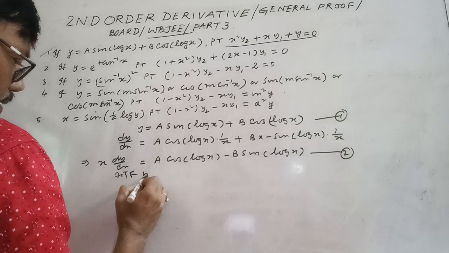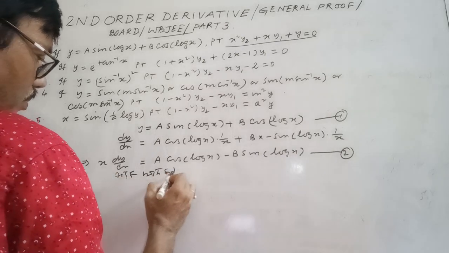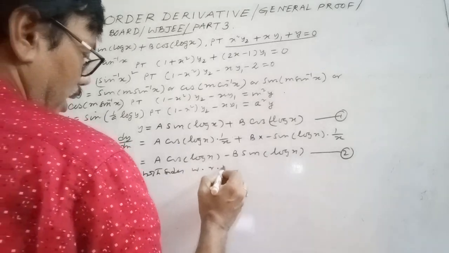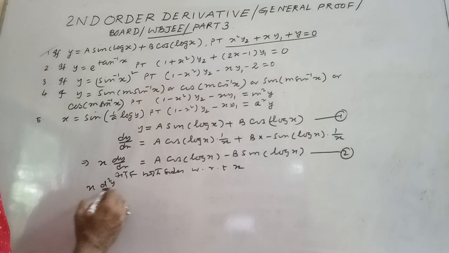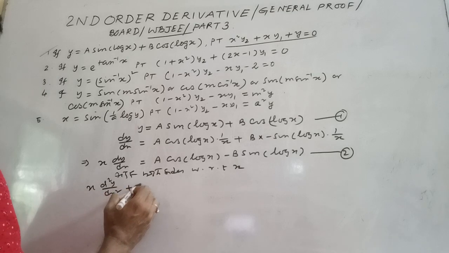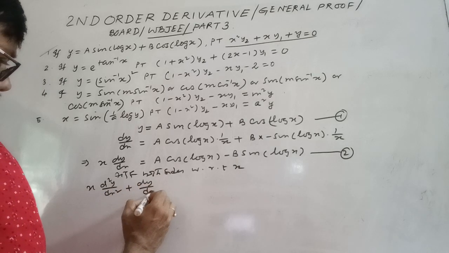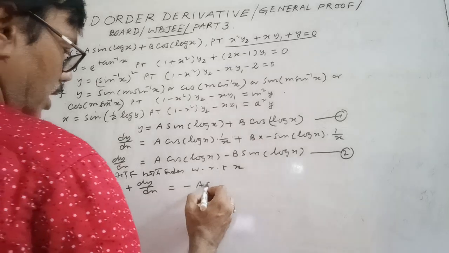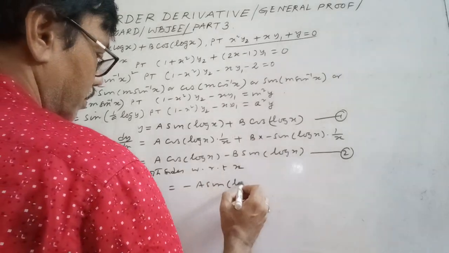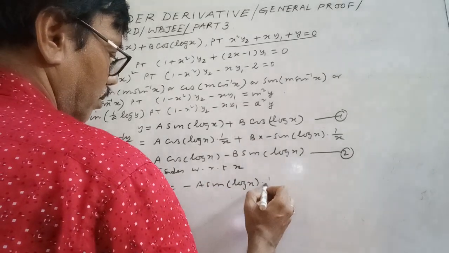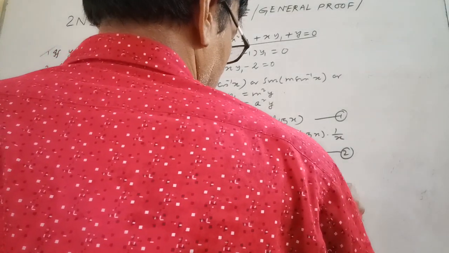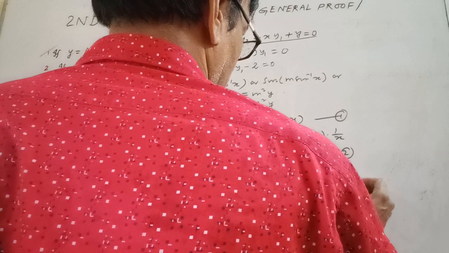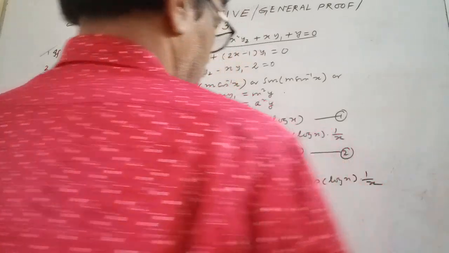Differentiating both sides, x into d2y by dx2 plus dy by dx equals minus a sin log x into 1 by x minus b cos log x into 1 by x.